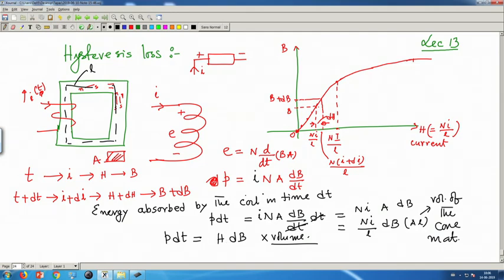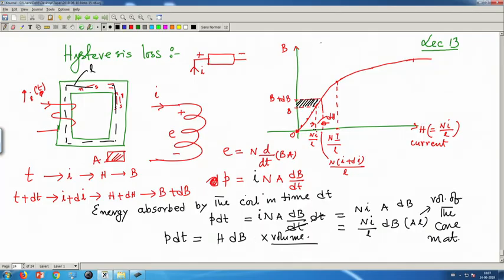H into dB is nothing but this area. This area is this H into dB. So, as you have increased the current from I to I plus dI, or H from H to H plus dH, this is dH, this one, energy absorbed by the coil has become H into dB.